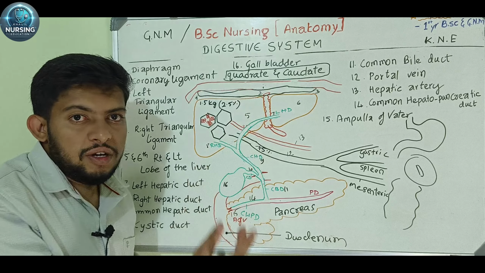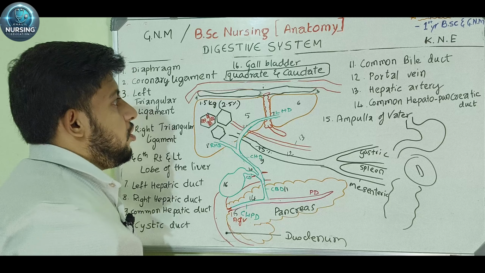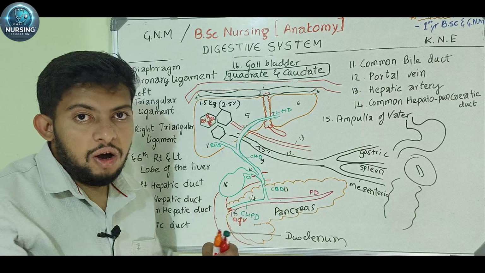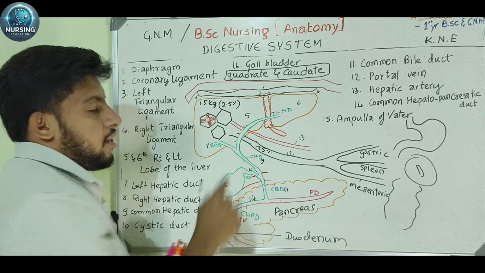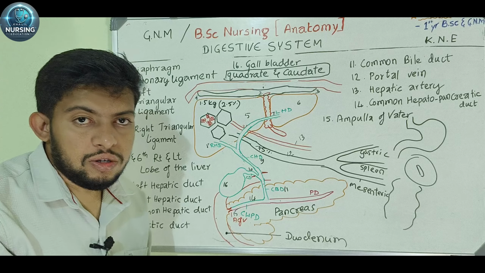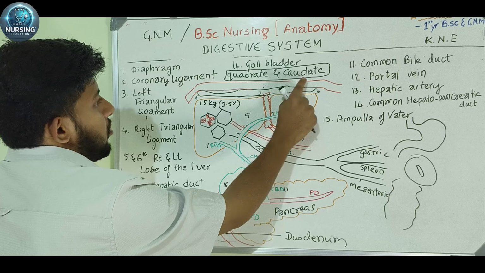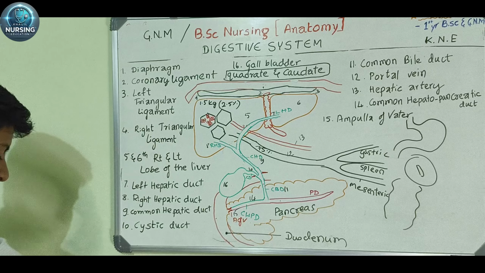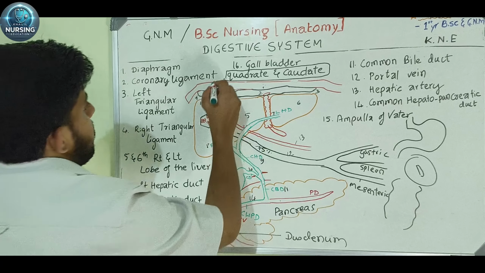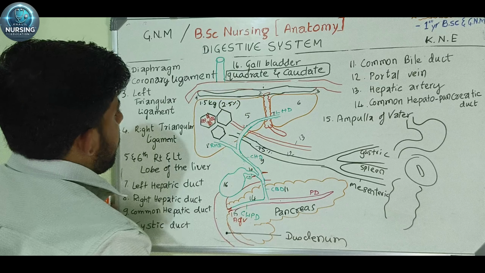Quadrate is the inferior lobe, caudate is the superior lobe. The caudate hugs, or holds, the inferior vena cava. The quadrate holds the gallbladder. I forgot to write here, that is the inferior vena cava.